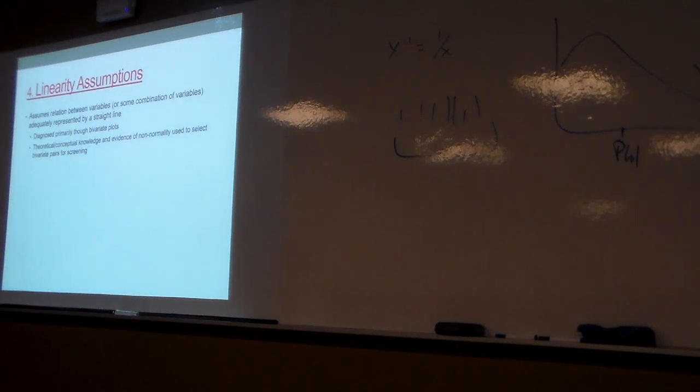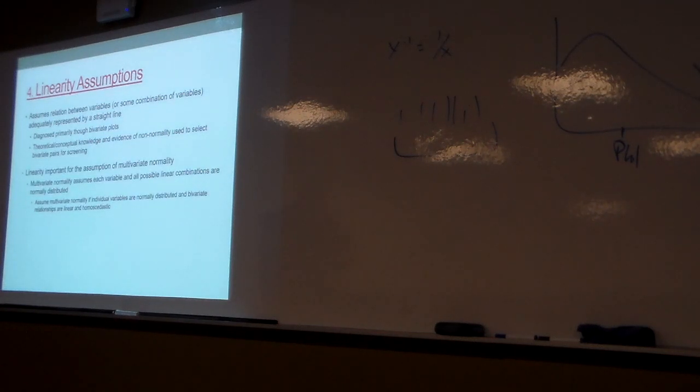Or I know from a theoretical standpoint that the relation between x and y has been suggested to be nonlinear. So I want to see whether or not a straight line is a reasonable fit for the data, given that there's evidence of some nonlinearity with this outcome. Okay. Linearity starts to become super important.